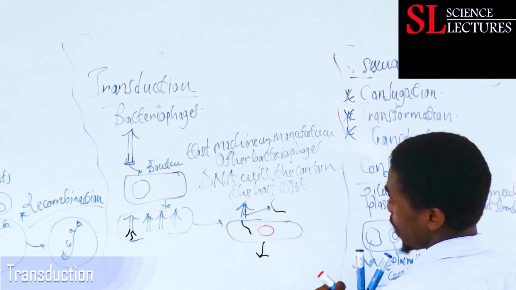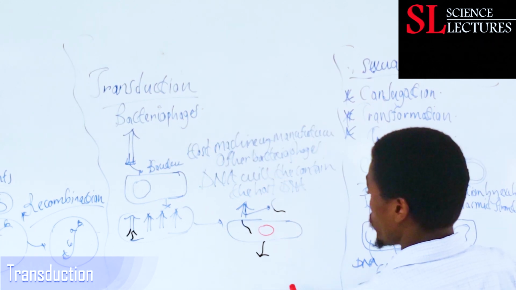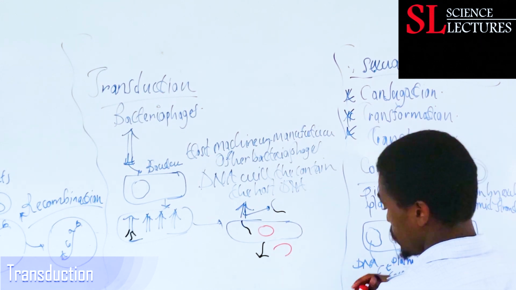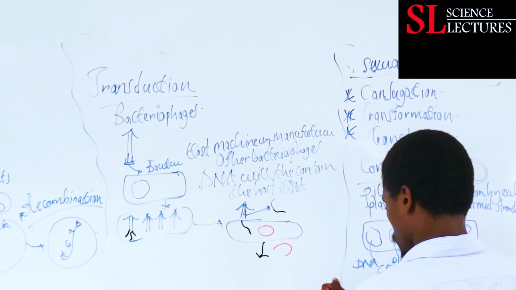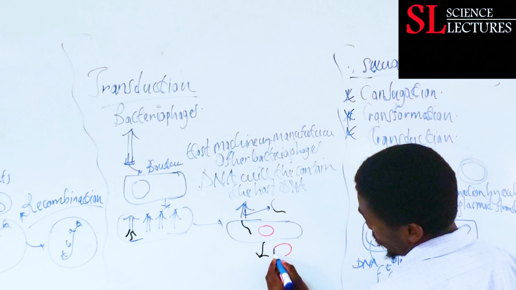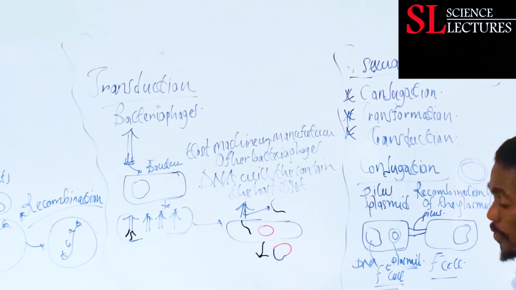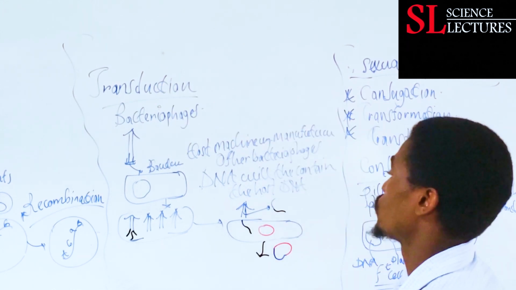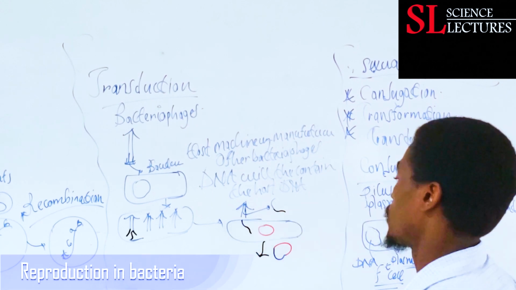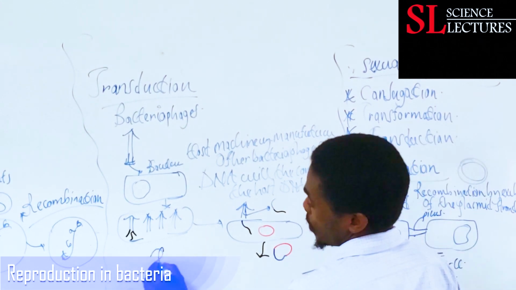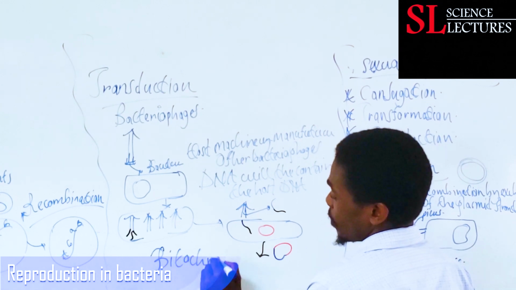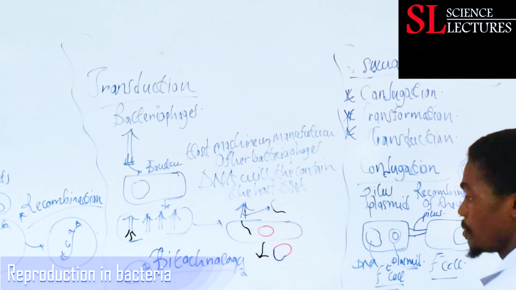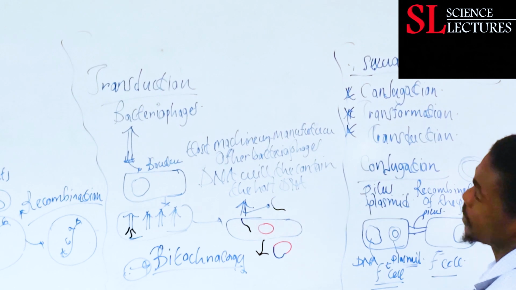So finally, the genome will have the red color, and we will as well have the blue on it. So that is what we call transduction. We are getting genetic material from a different bacteria, but fixing it into the genome of another bacteria. This is very important in biotechnology, where they need to get certain genes and incorporate them into a specific bacteria to effect certain processes.